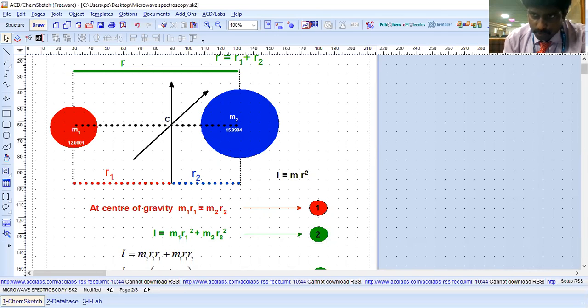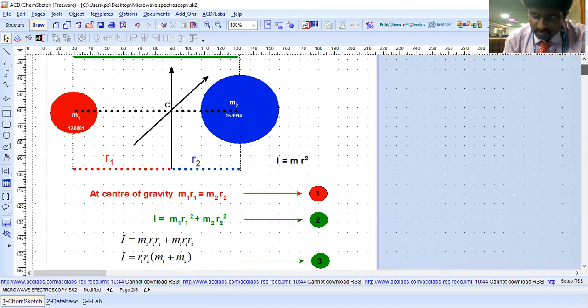If you combine these two equations, what will happen? One more thing: instead of M1 R1, you can substitute M2 R2, or instead of M2 R2, you can substitute M1 R1.